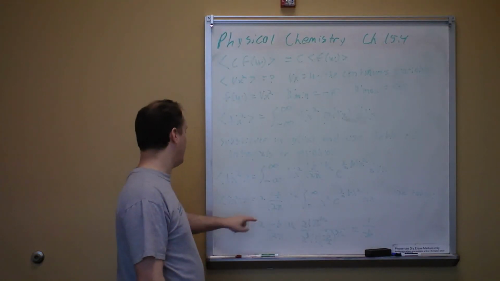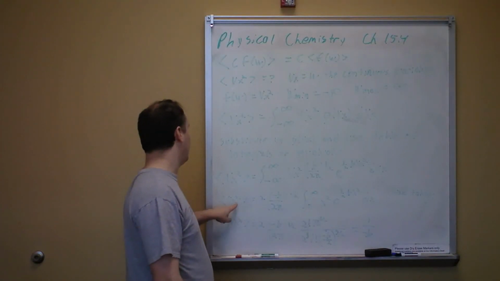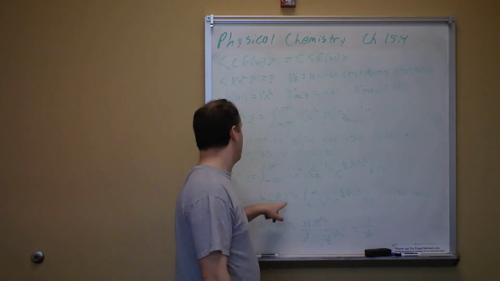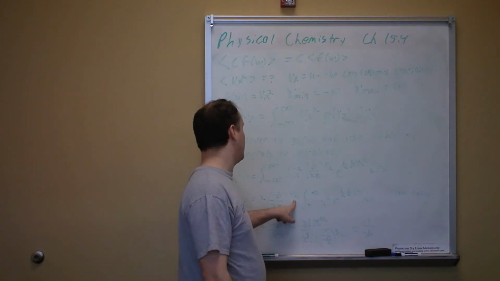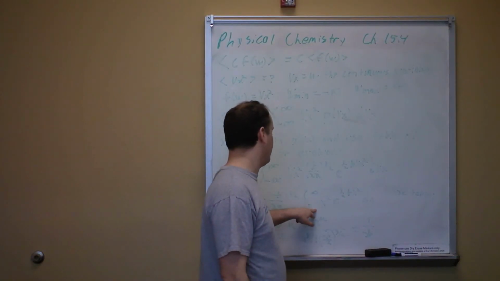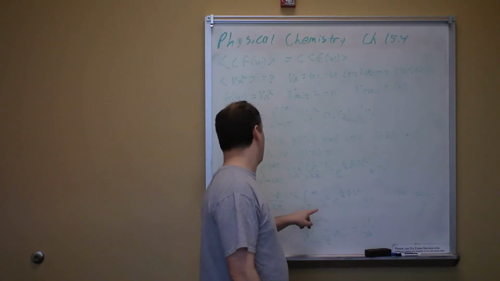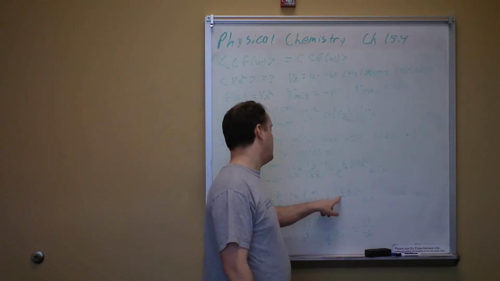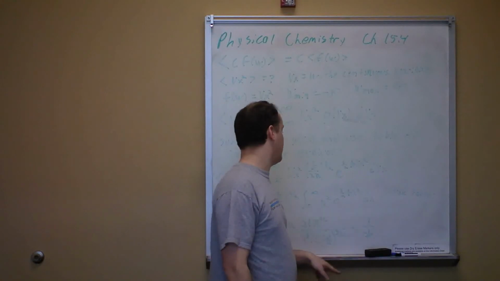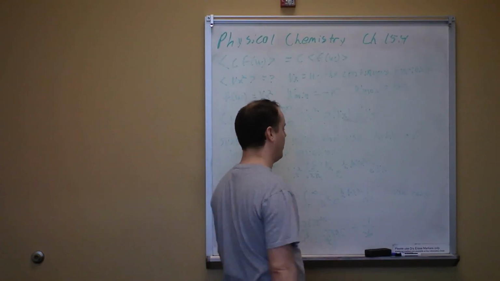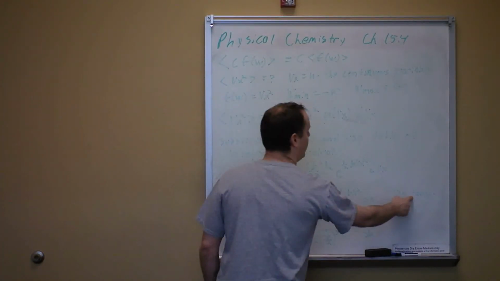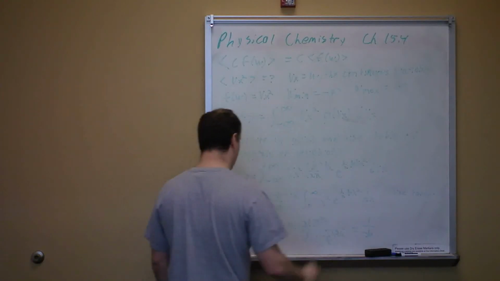Now we can pull the constants out, so our average x component of velocity squared is equal to 2 times (minus b over 2 pi) to the 1/2 times the integral from 0 to infinity of x squared e to the 1/2 bx squared dx. We're just using x as a dummy variable, so we can use the table of integrals to figure out what this is equal to.